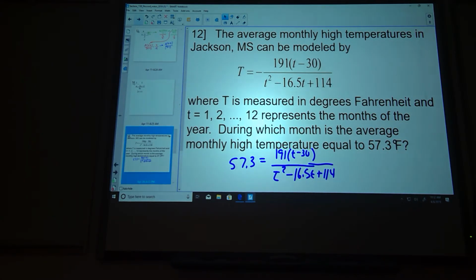And y equals 191 x minus 30 over x squared minus 16.